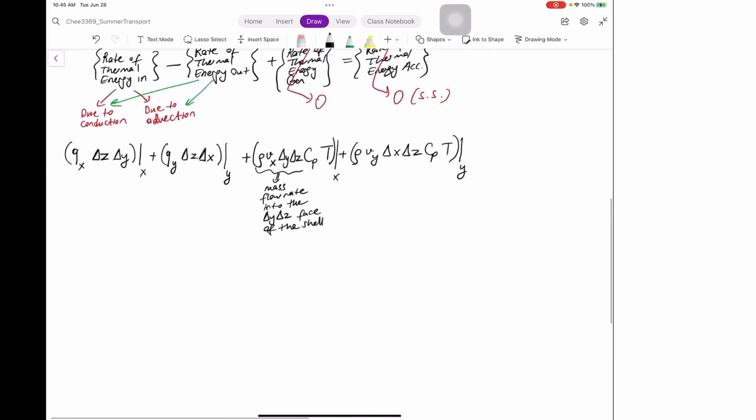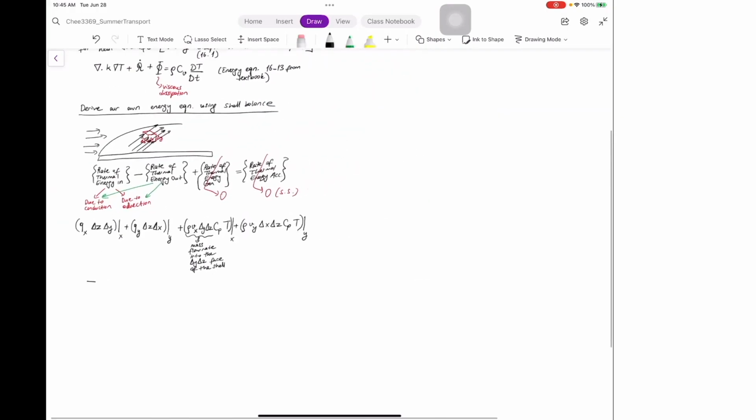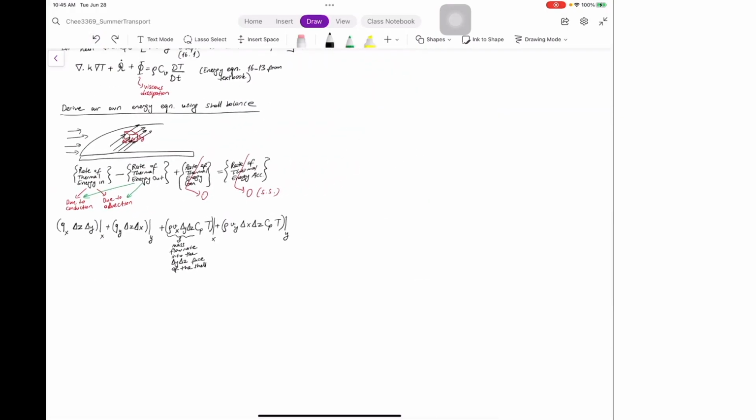And now you also have the out terms, minus the same out terms. Let me write it here. Minus the same terms, qx delta z delta y at x plus delta x. I don't want to rewrite them.